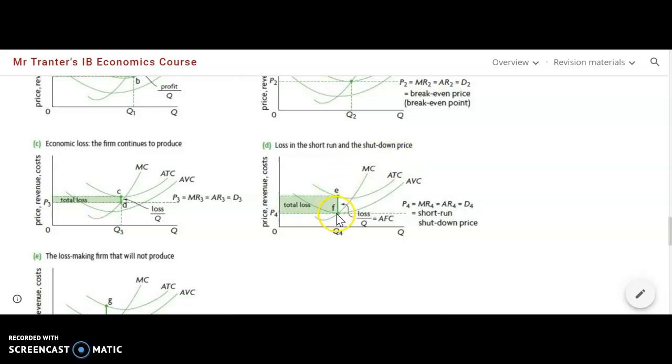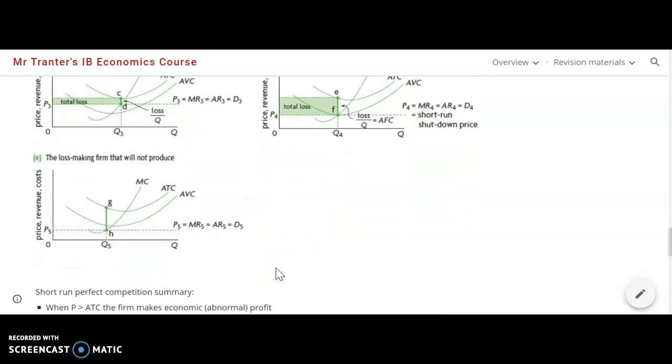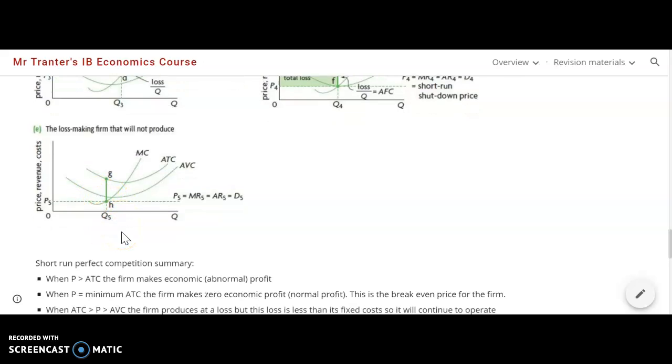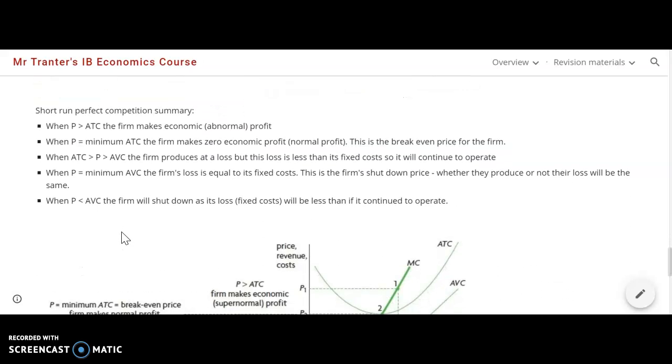At this point, the firm can decide whether to carry on or shut down. Financially, it will be in exactly the same position. And then finally here, our price is less than our average variable cost. Therefore, we are losing more money by continuing to operate than we would if we shut down. So the firm will shut down.